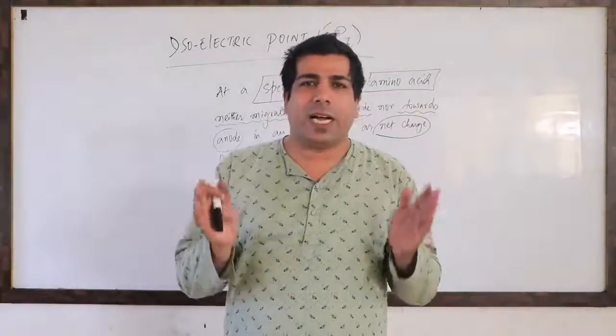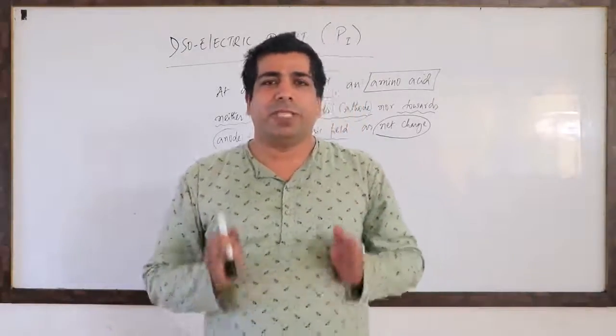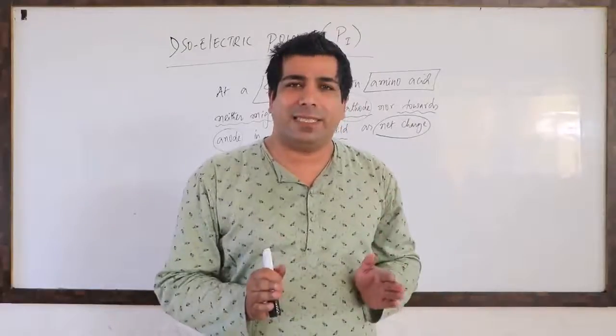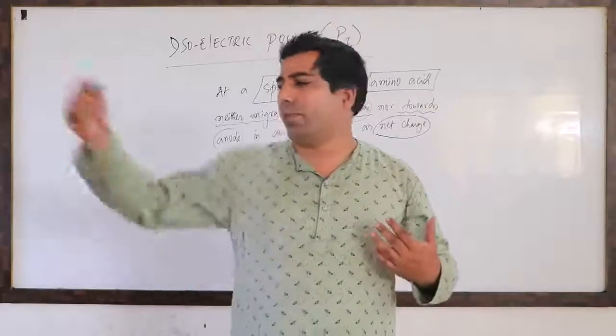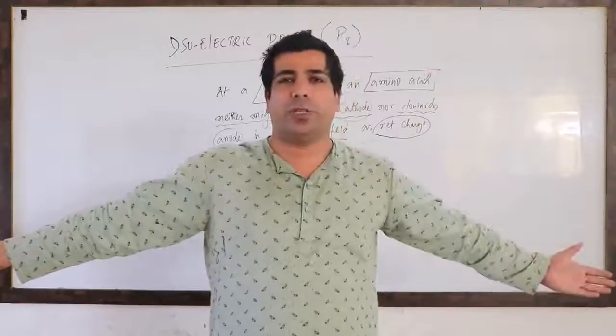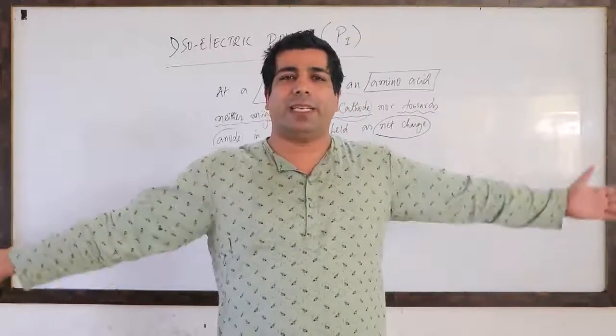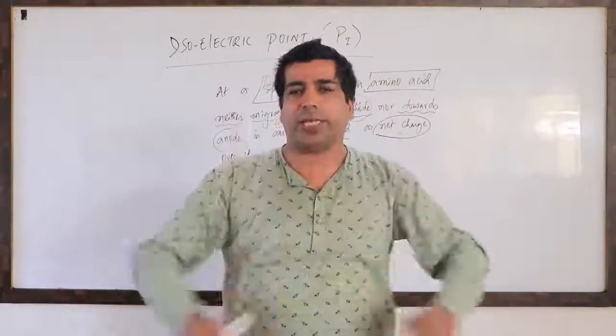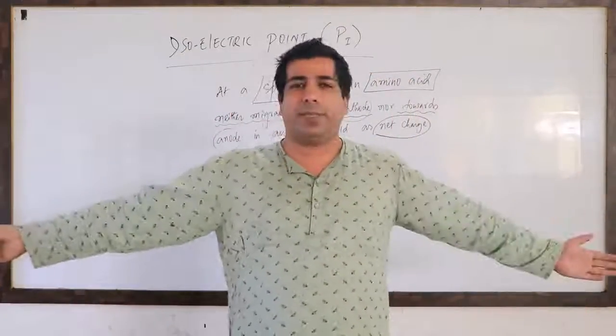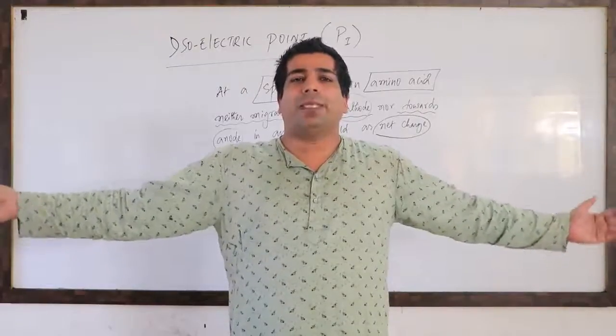If the zwitter ion is neutral, and it is placed in an electric field, let's suppose I am a zwitter ion. I have a positive charge and a negative charge, okay? Plus and minus will cancel, total charge is zero. Understand, the net charge is zero, correct? This is plus, this is minus. So I am a zwitter ion.